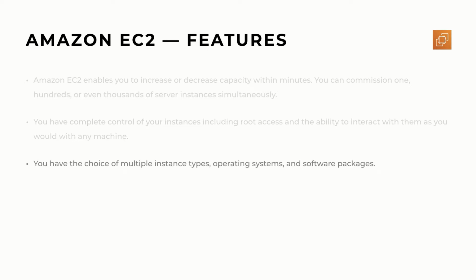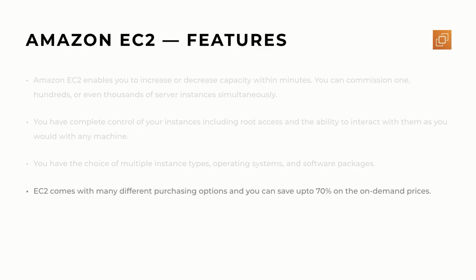You have the choice of multiple instance types, operating systems, and software packages. As discussed previously, you can select different instance types based on your application's requirements. There are instances with more CPU, known as compute optimized, or more memory, also known as memory optimized, or GPU instances for big data processing and machine learning applications.